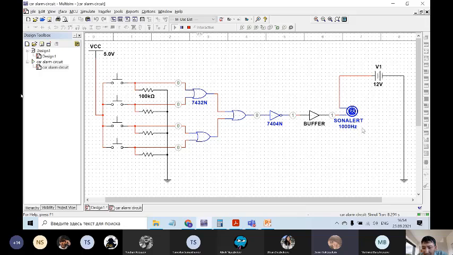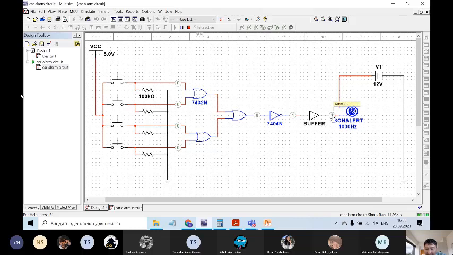Because here I'm using audio systems that produce sound. In a real car, it will take a lot of current. So this inverter cannot support so much current. For this reason, we need a buffer. A buffer just gives us additional current, additional power.